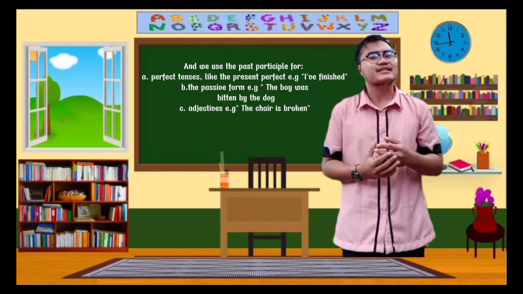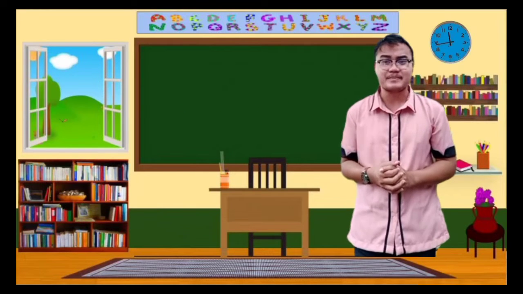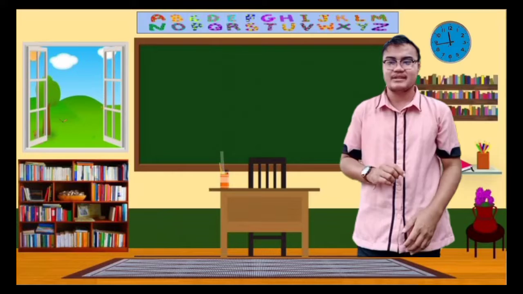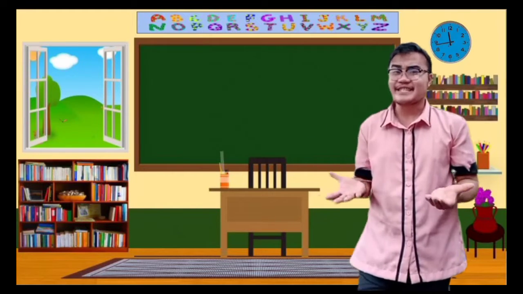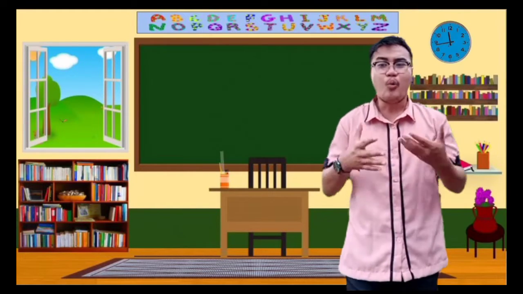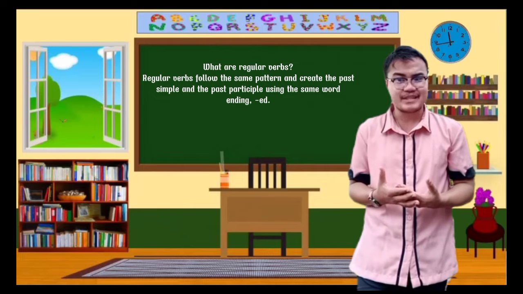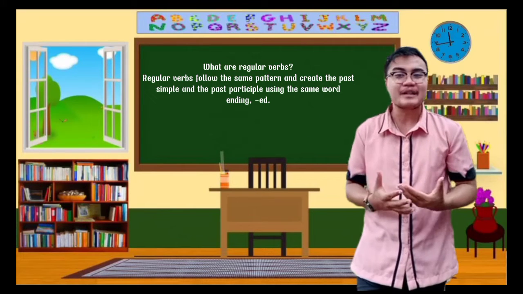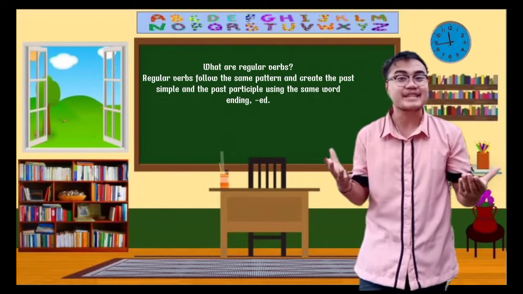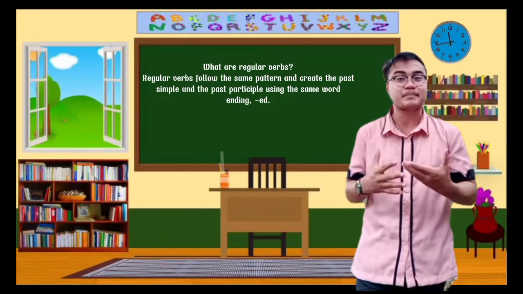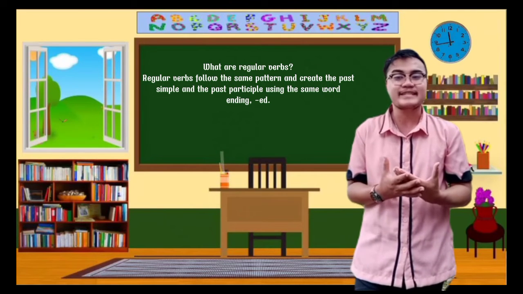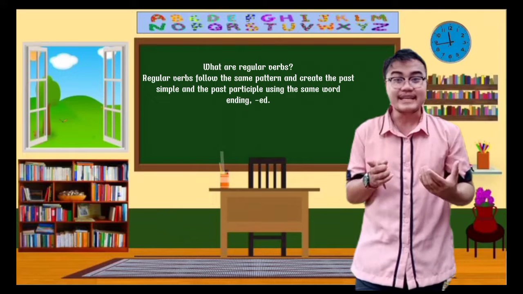Now, let's talk about regular verbs and irregular verbs. Let's discuss regular verbs first. What are regular verbs? Regular verbs follow the same pattern and create the past simple and the past participle using the same word ending, ed.